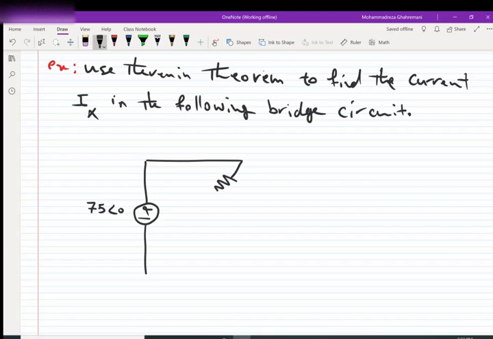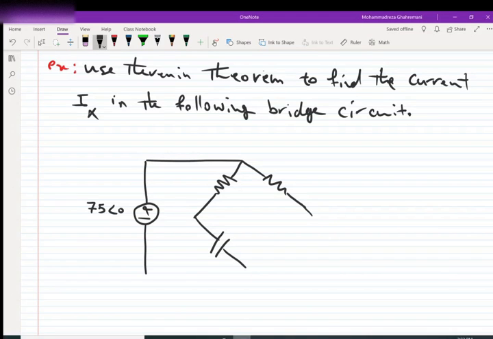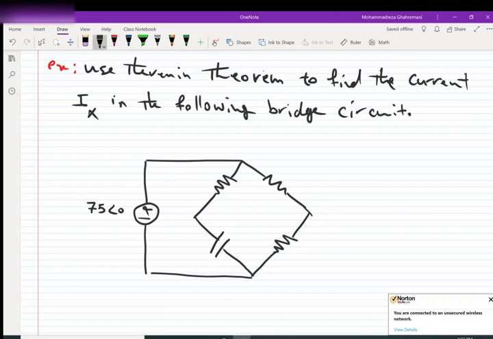We have a resistor, a capacitor, another resistor, and one more resistor here, which is connected to the voltage source, and in the middle we have an inductor.